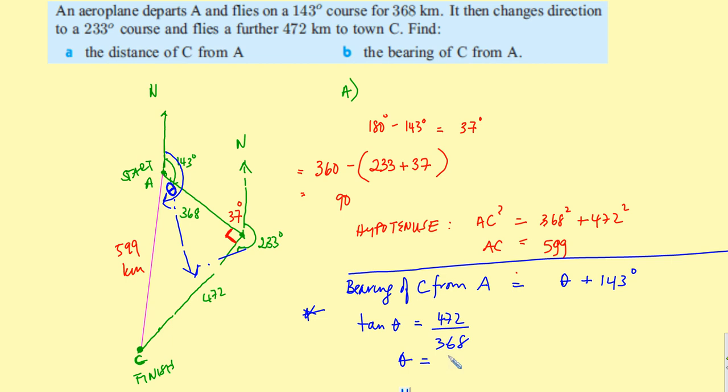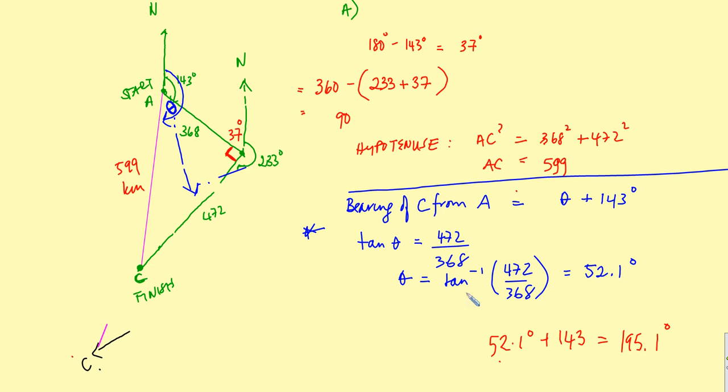And theta will equal the tangent inverse of 472 over 368, which is equal to 52.1 degrees. So our final statement here is 52.1 degrees.